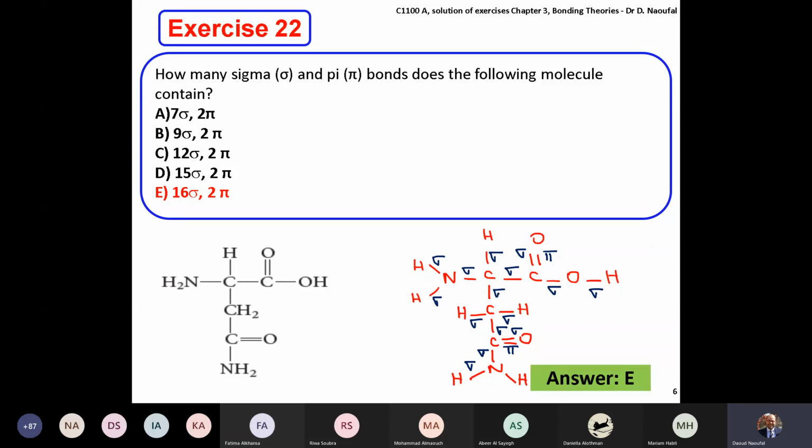In the triple bond, we have 1 sigma and 2 pi bonds. I will count the sigma: 1, 2, 3, 4, 5, 6, 7, 8, 9, 10, 11, 12, 13, 14, 15. I have 16 sigma.